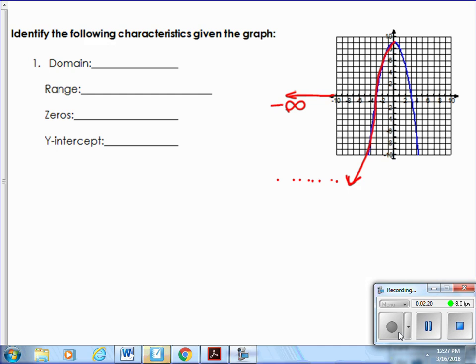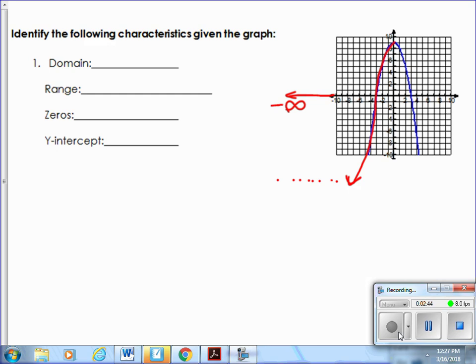So if your graph never stops, that means it's going to be going towards an infinity. Now, infinity can be positive or negative, depending on which way it is going. If it's going to the left, then we're going to be saying negative infinity. But if we're looking to the right of a graph, then the x values go to positive infinity.